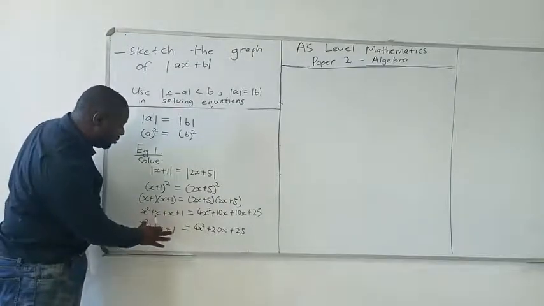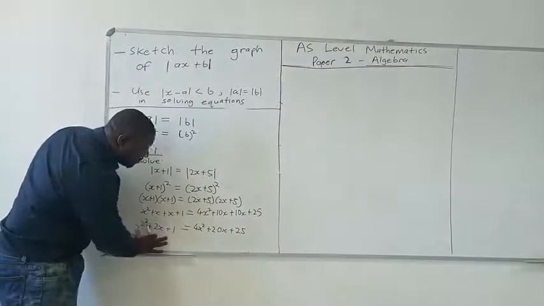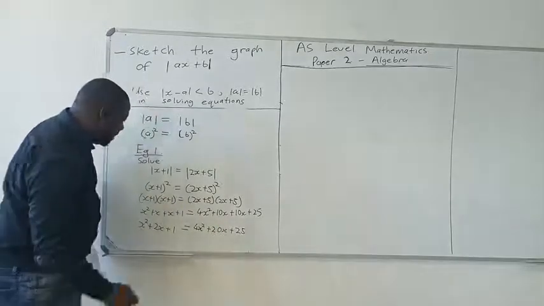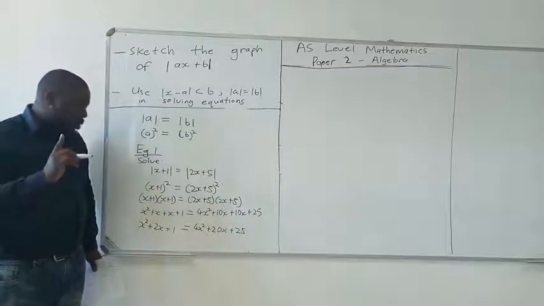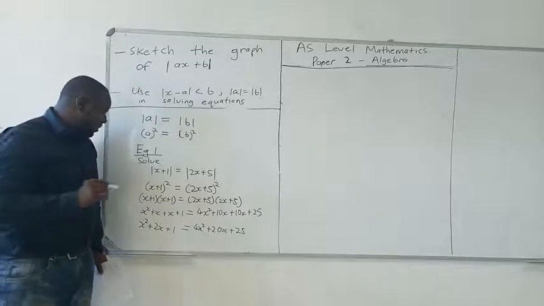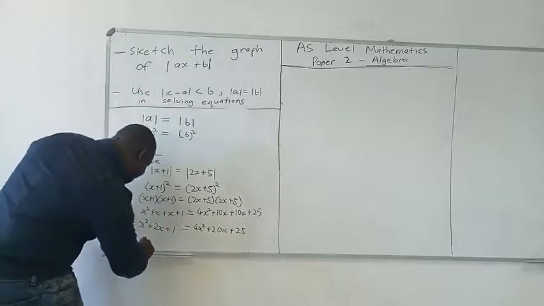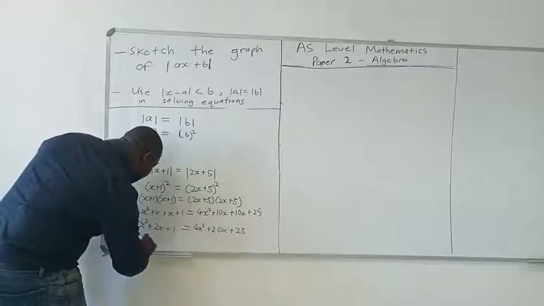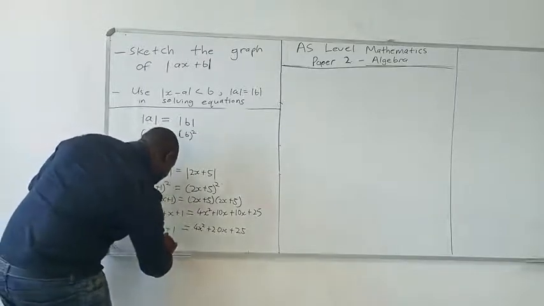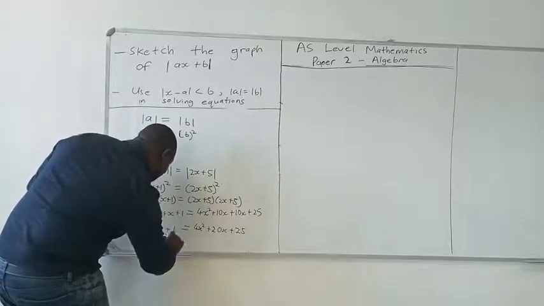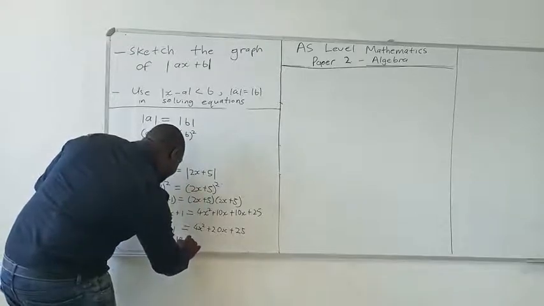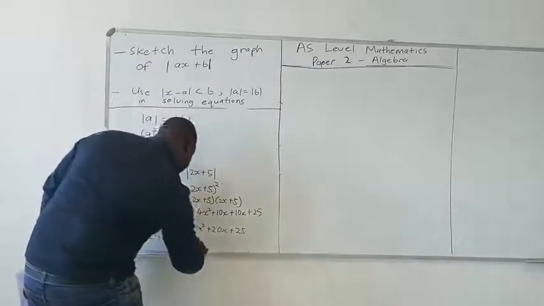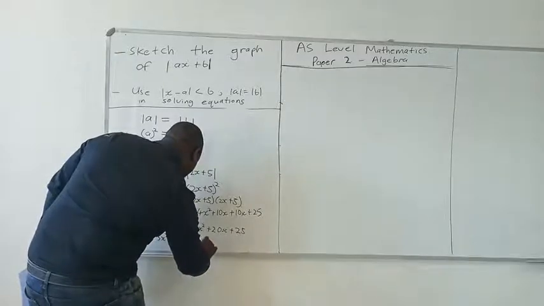So what we want to do now is take everything onto one side, so that we can end up with one quadratic equation. When we take everything to that side, it will become 0 is equal to 3x squared plus 18x plus 24.